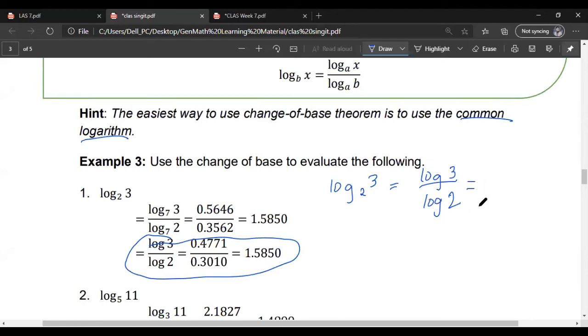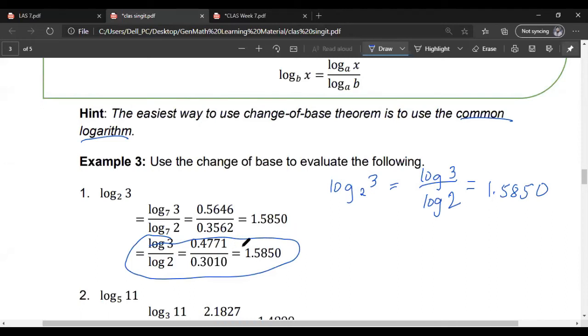So the logarithm of 3 divided by logarithm of 2 o ilan? 1.585 po. 1.5850. Ito din siya class.